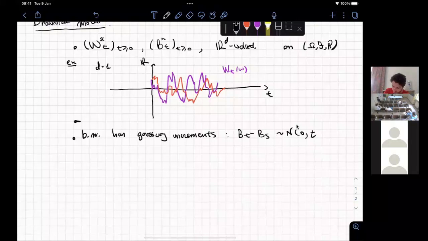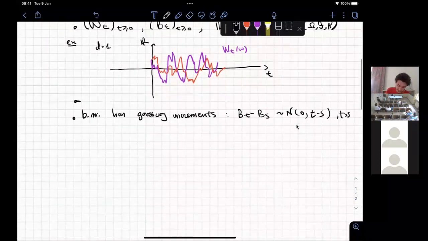The variance is (t minus s) times the identity, if we are in a multidimensional environment. And the increments are independent: what happens after a certain time is independent from what happened up to that time.